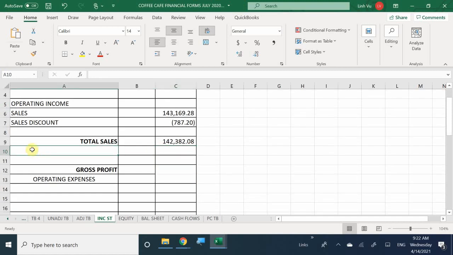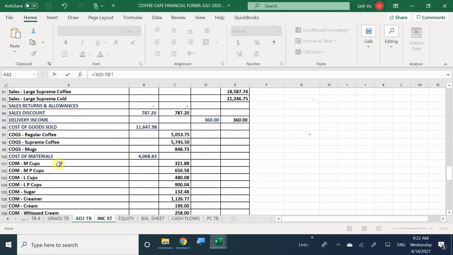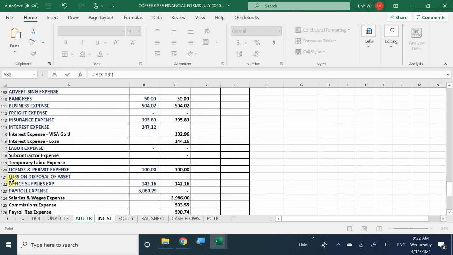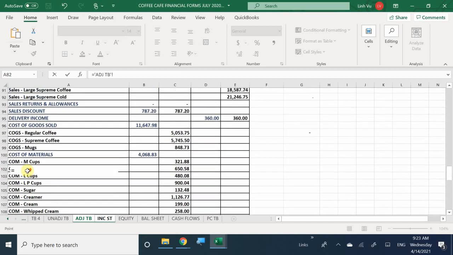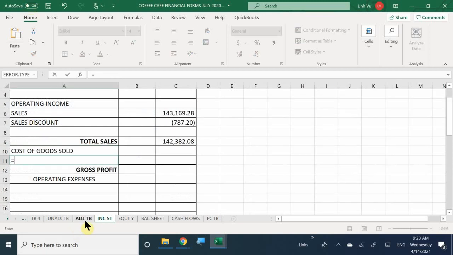All right. So in order to find our gross profit, what do we need to take away from my operating sales? Cost of goods sold. Correct. We're going to take our cost of goods sold and also our cost of material, right? Because when we sold our coffee, we also sold the material as well. So we're going to locate my expenses. Here we are, cost of goods sold and also cost of material.